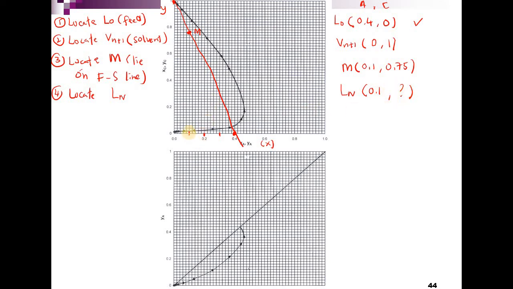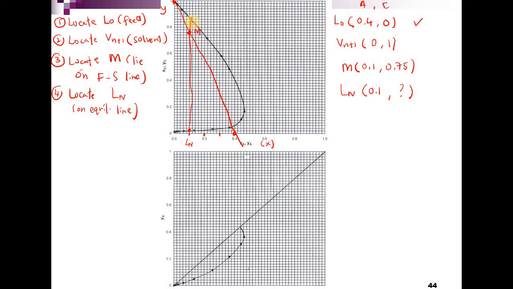So you put 0.1 on the equilibrium line. So this is Ln on the equilibrium line.